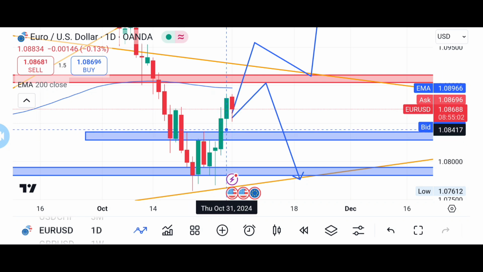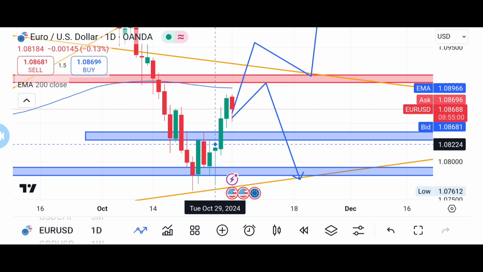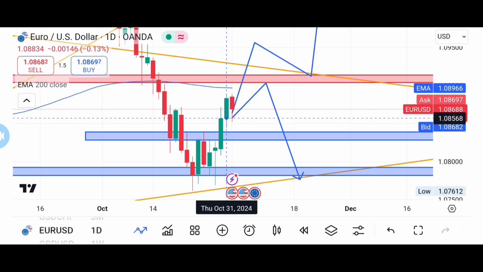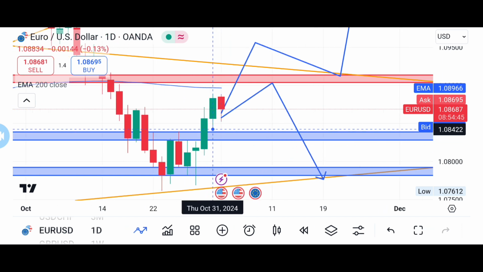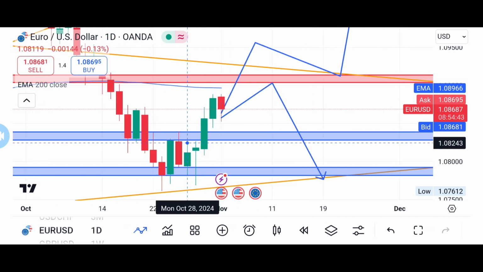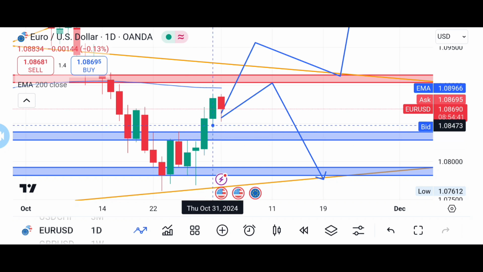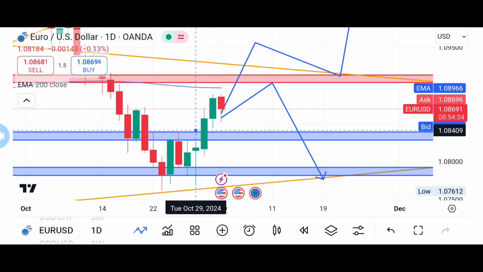So a fair value gap is a gap where, for example, if you have 3 candles, this is candle 1, this is candle 2, this is candle 3. Candle 3 and candle 1, their wicks have not touched each other, meaning they have left a gap in between, around candle 2.